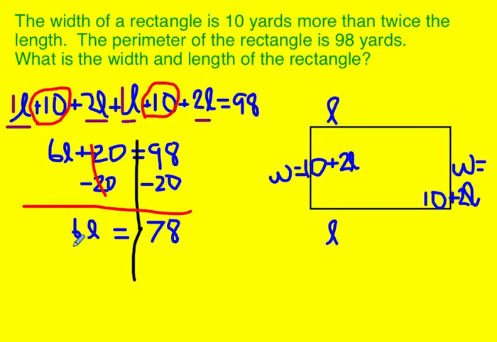And then we need to get L by itself, so we need to divide by 6. So those 6's on the left-hand side are going to cancel. 78 divided by 6 will give you 13. So we can say that L is equal to 13.